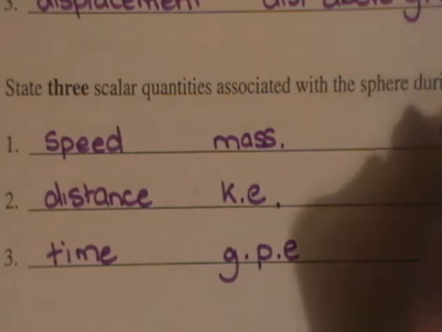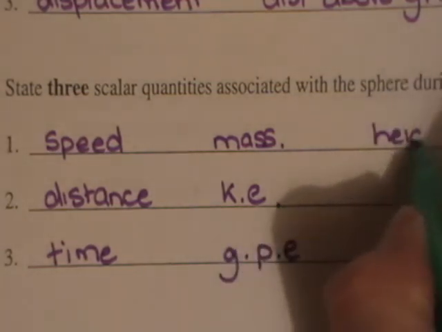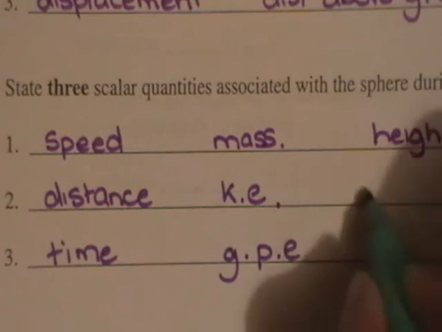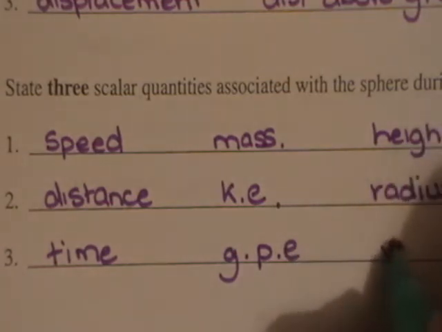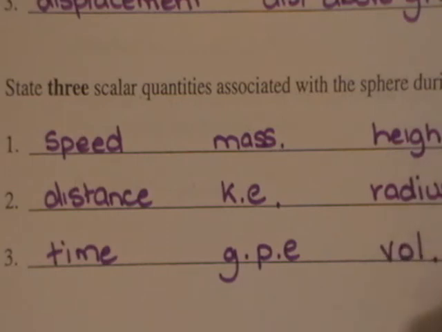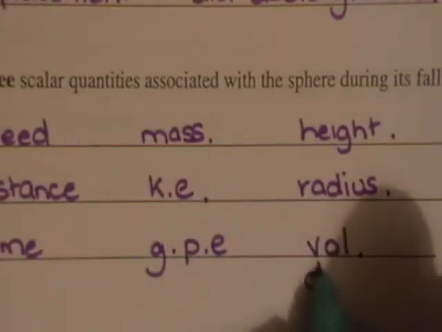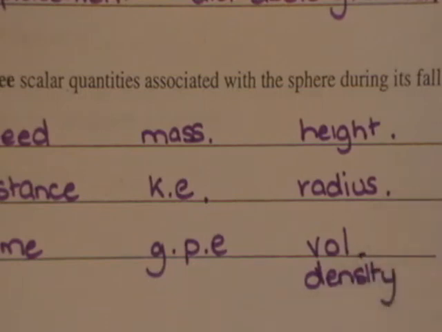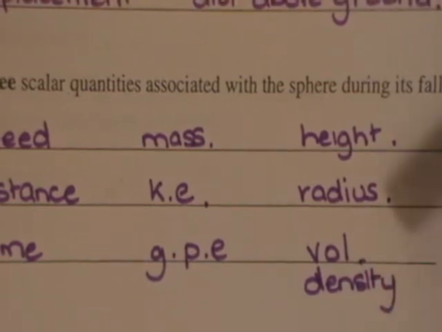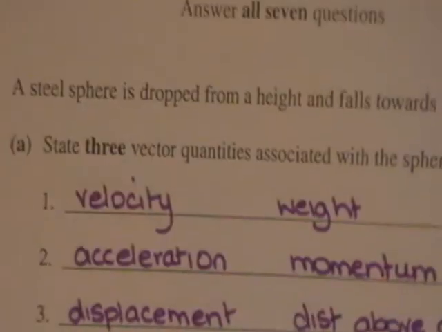They were also allowing height, its radius or diameter, its volume, and even its density. So there are lots of answers there they would have allowed. It was easier maybe to get your 2 marks in that second one than in the first part.